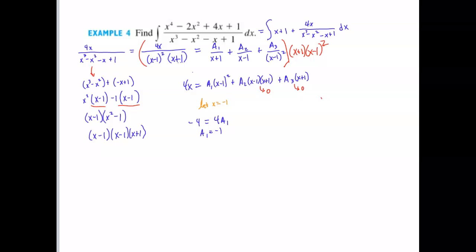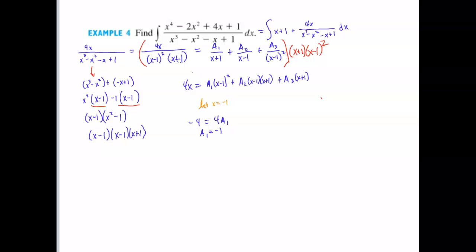Here's the problem. I'm not going to be able to choose anything that will allow me to solve for A2 but eliminate everything else. Because if I choose 1, that'll eliminate the A1 factor, and it'll leave the A3 factor, but it'll also eliminate the A2 factor.